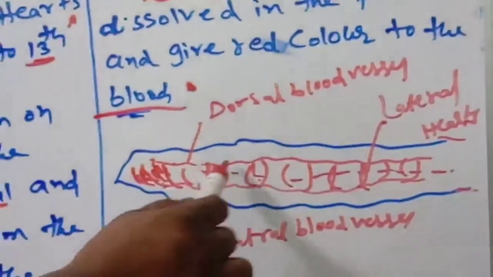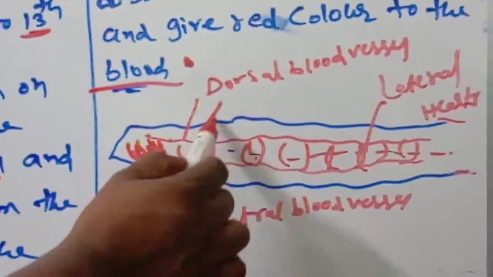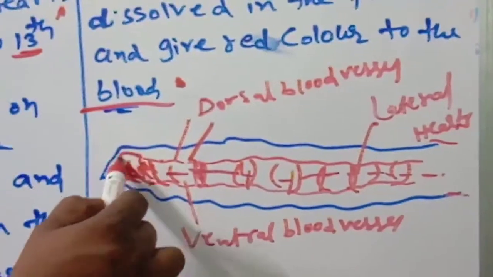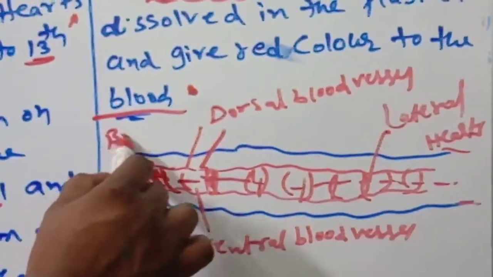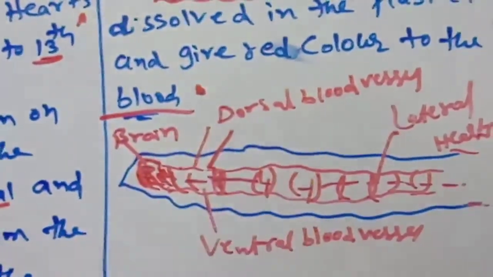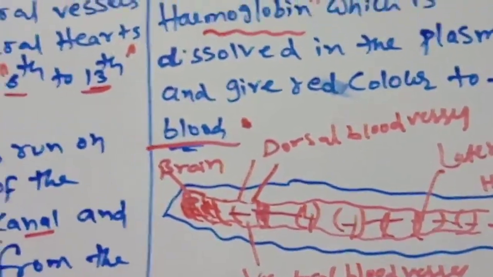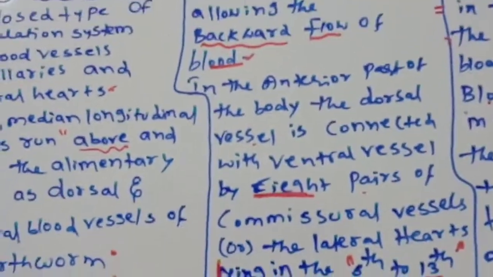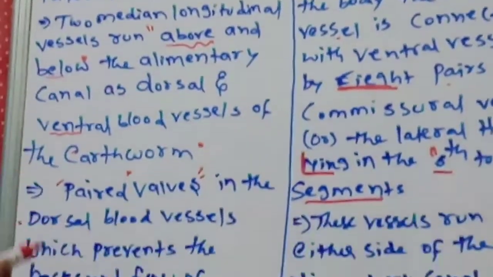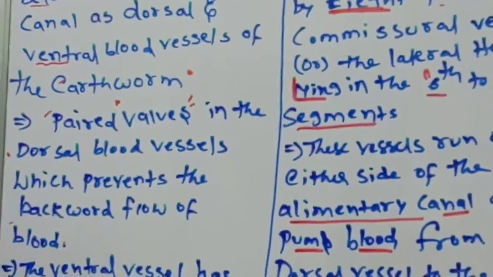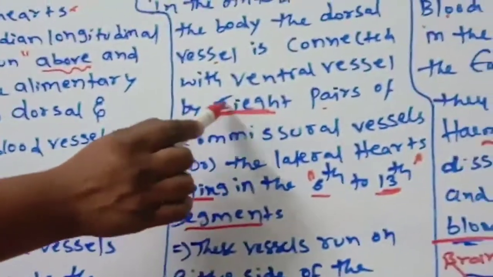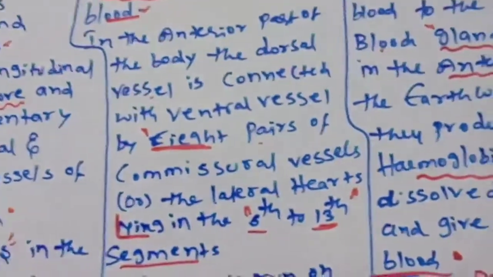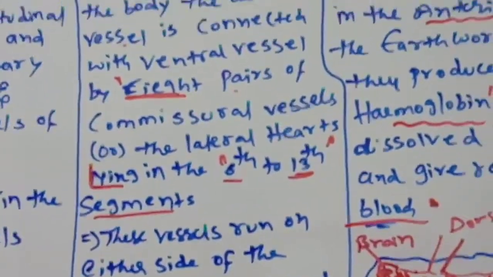Okay children, like this: dorsal blood vessel, ventral blood vessel, alimentary canal, lateral hearts, the head and the brain. Understood? Like this, the circulatory system will be there. What are the main points to discuss? They have paired valves in the dorsal blood vessel and no valves in the ventral blood vessel. There are 8 pairs of commissural vessels in the 6th to 13th segments.